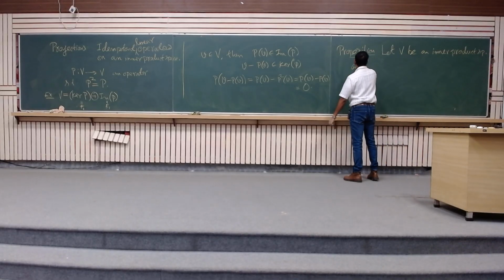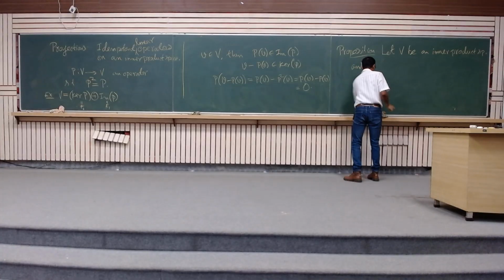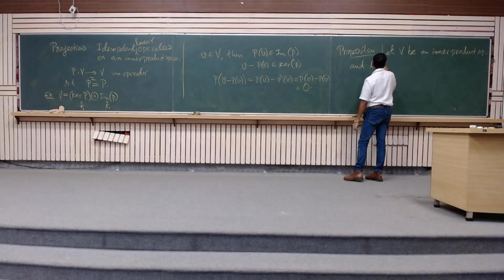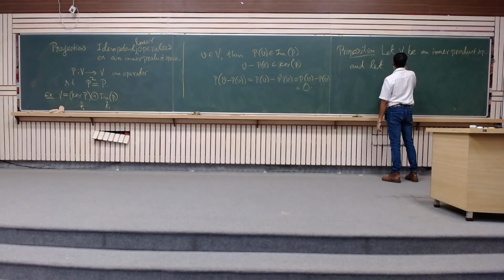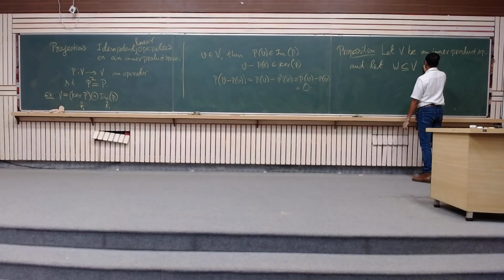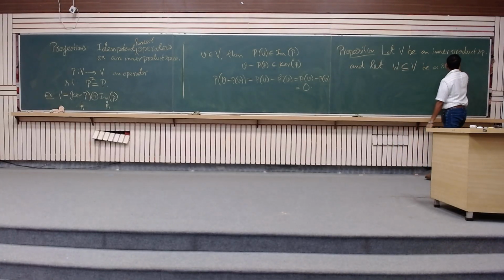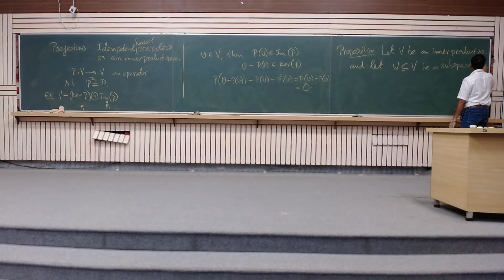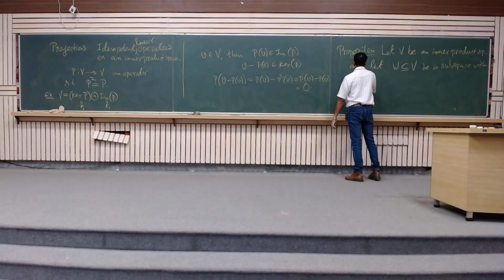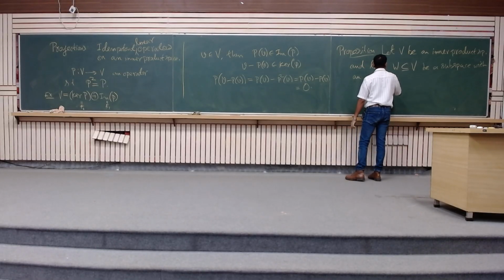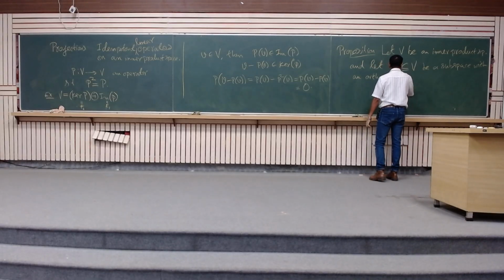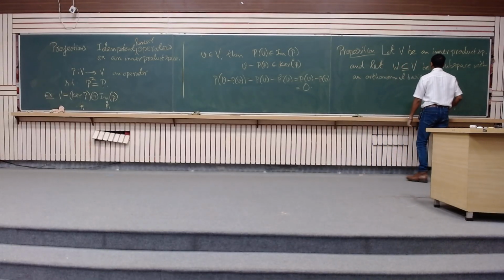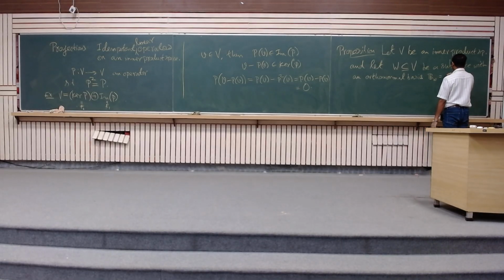and let W in V be a subspace with orthonormal basis, say B_W given by w1, ..., wr.